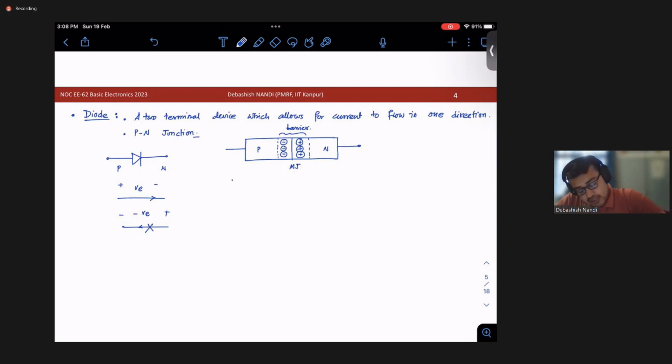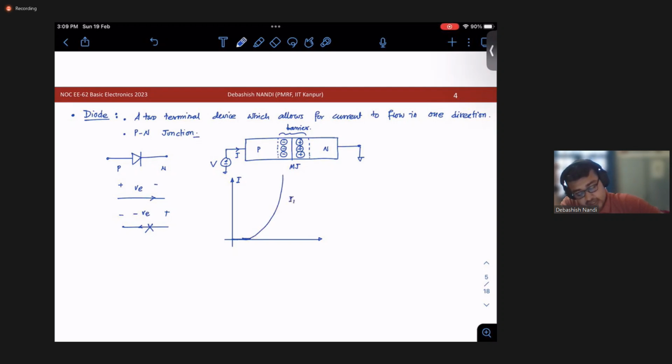So the way a diode works, if I draw the IV characteristics, I means current flowing here and V means this voltage, right? Let's assume N is grounded. So the way a diode works is, you need to apply a certain voltage, which is called cutoff voltage or built-in voltage, then it starts conducting.